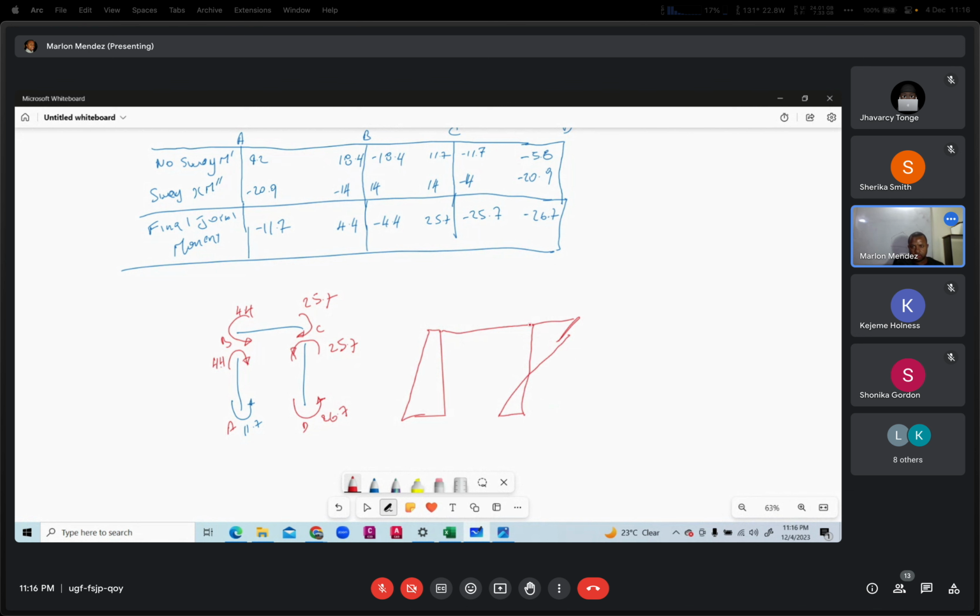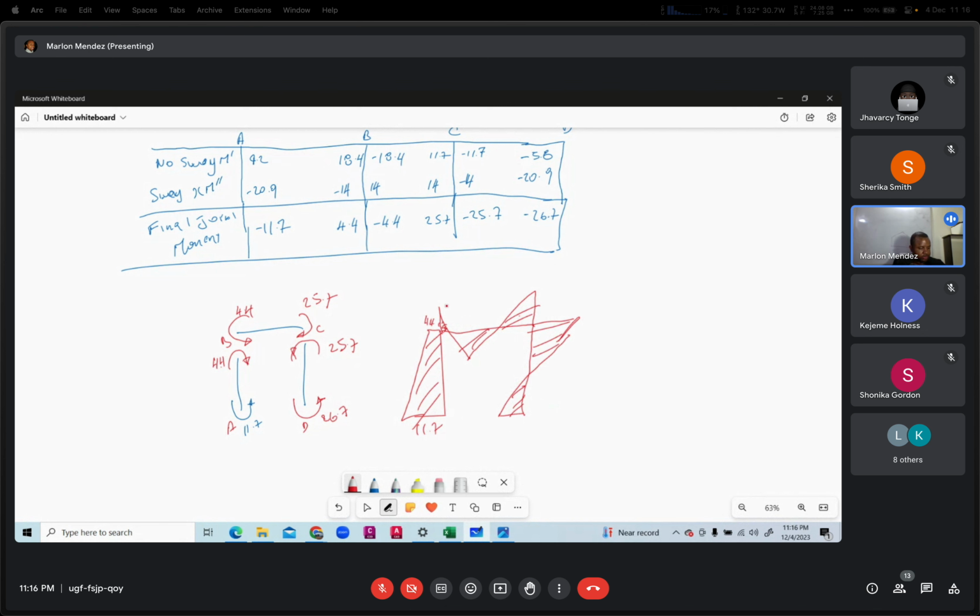Then, because the tail is there and because of the point load, it dips, but it also goes back up. So this is the moment that you're interested in. This is a diagram for the loading on the structure. This is 11.7, this is 4.4.